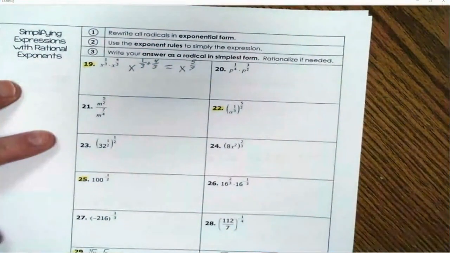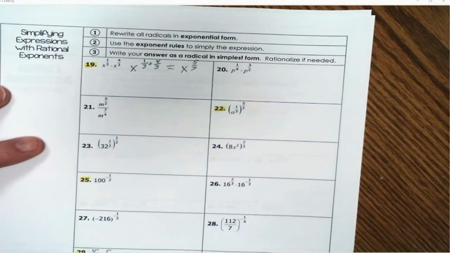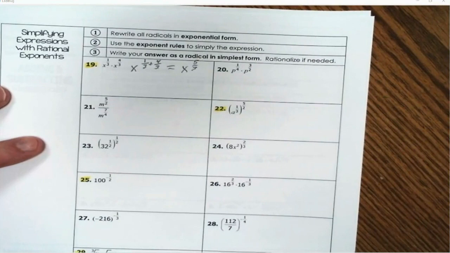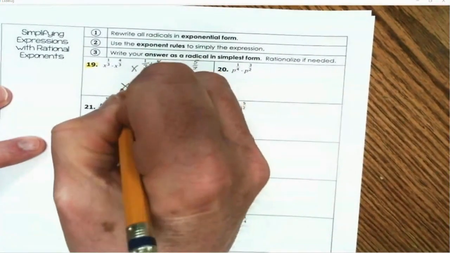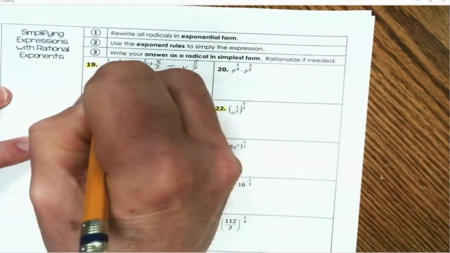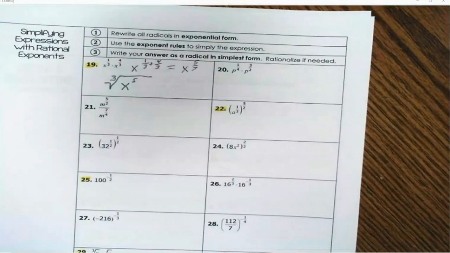When you have 1/3 and add 4/3 to it, you get 5/3. So we want to rewrite that as the cubed root of x to the 5th. The cubed root of x to the 5th.